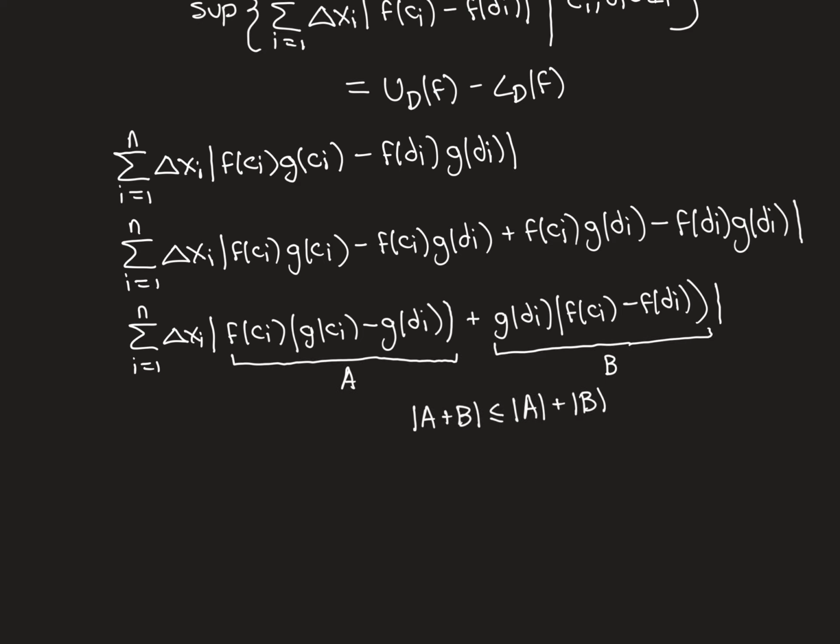So next what we're going to do is apply the triangle inequality. So to simplify things, let's call this great big thing capital A and this great big thing capital B. Then this modulus bit that we've got here is actually the mod of A plus B. So we're going to use the triangle inequality, which says that this is less than or equal to mod of A plus mod of B. And of course we'll be able to do that for each i equals 1 to n.